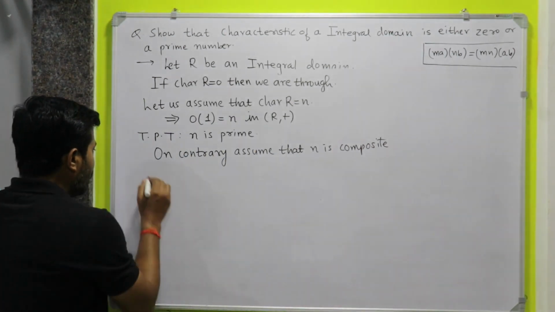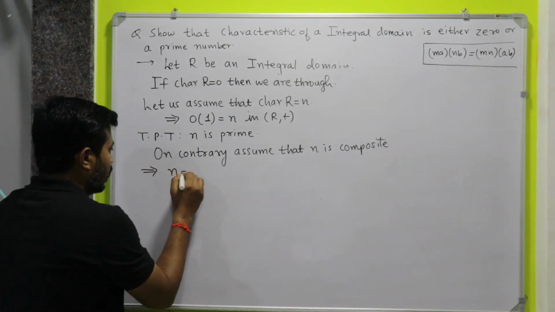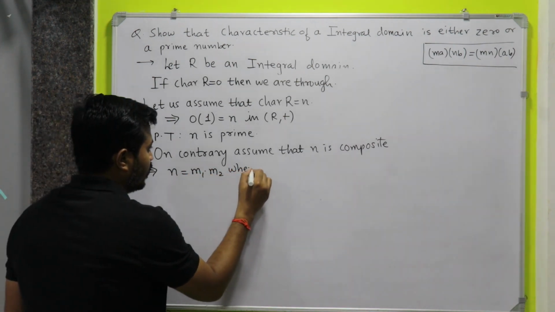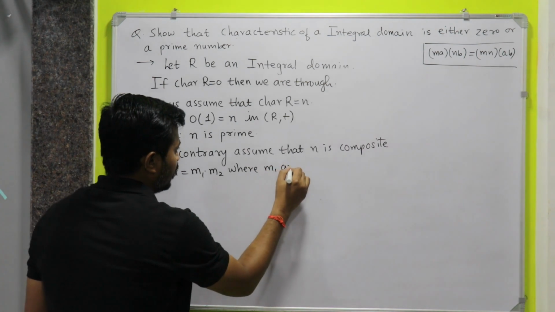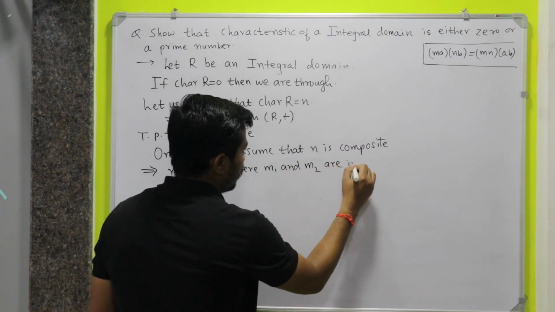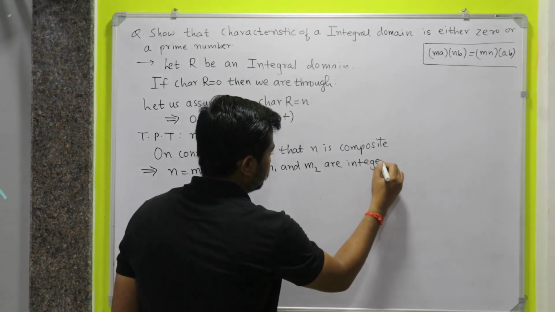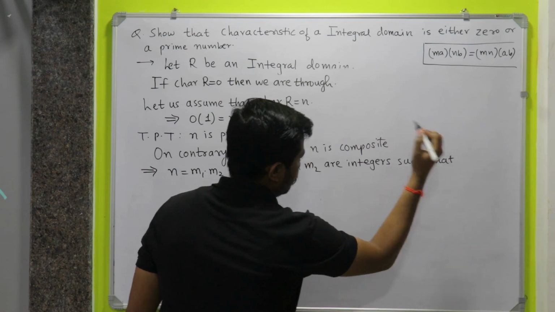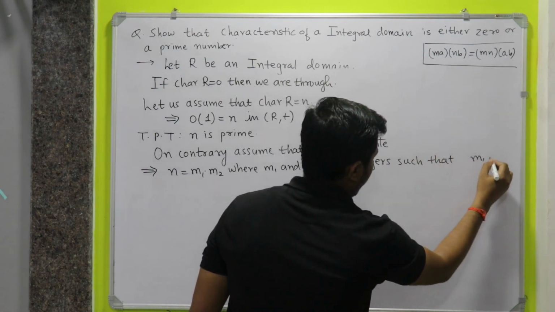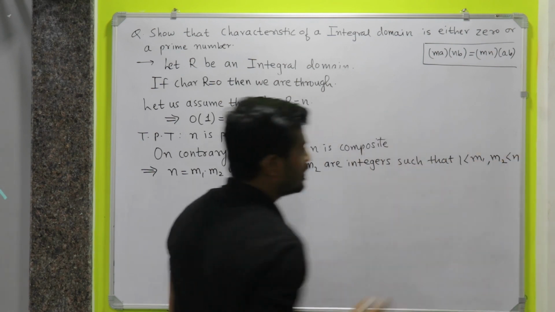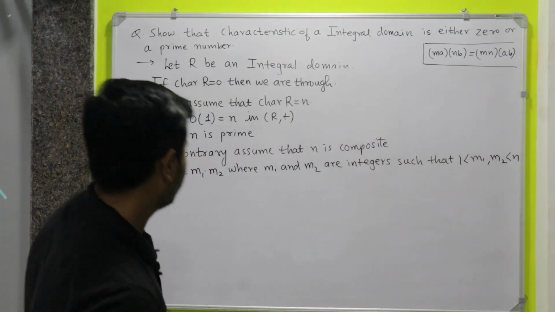So I will say this implies n can be written as m1 multiplied by m2, where m1 and m2 are integers such that this m1 and m2 both are greater than 1 and less than n.